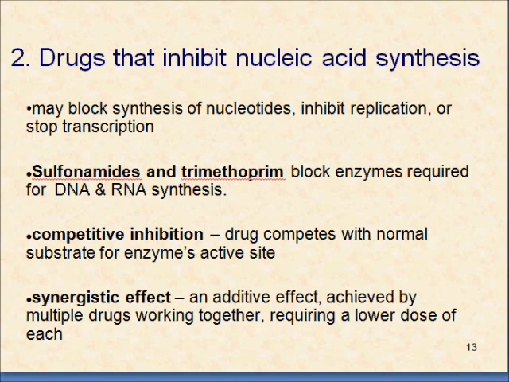There is competitive inhibition that occurs here. The drug will compete with a normal substrate for an enzyme's active site, effectively blocking the enzyme from being able to bind what it's supposed to. There are also synergistic effects, an additive effect basically achieved by multiple drugs working together, requiring a lower dose of each, and this often happens where there is combination drug therapy.